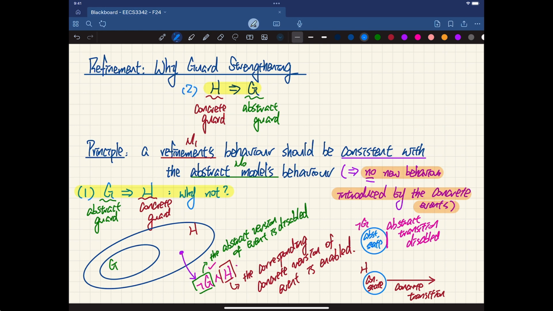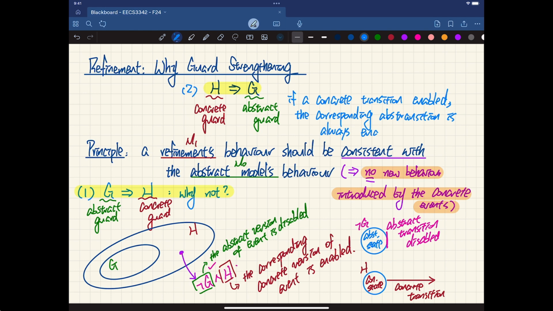We're simply going to say, if a concrete transition is enabled, the corresponding abstract transition is always enabled as well.